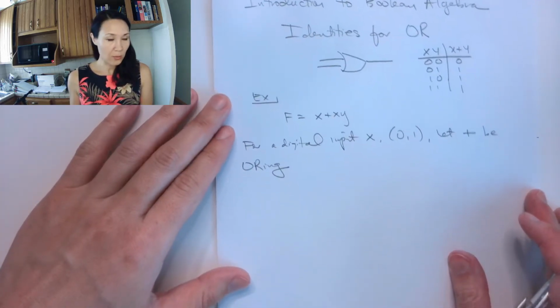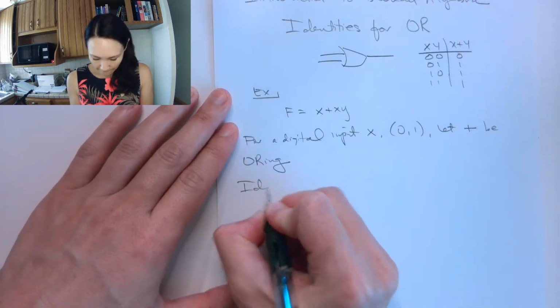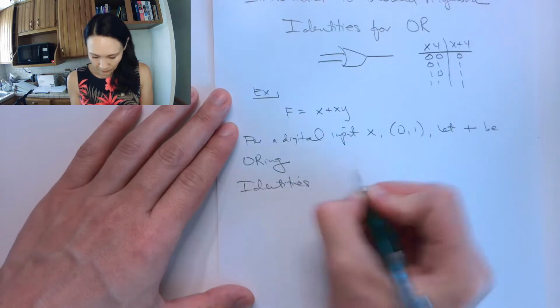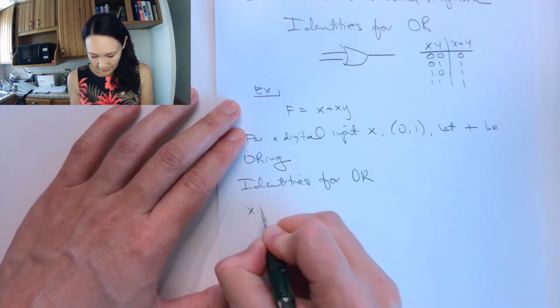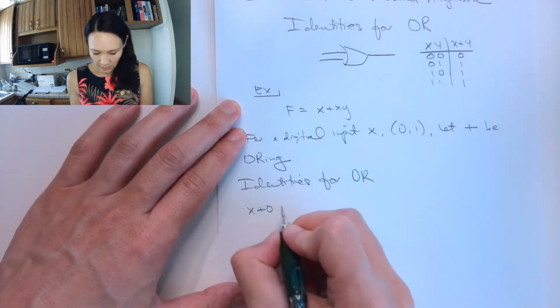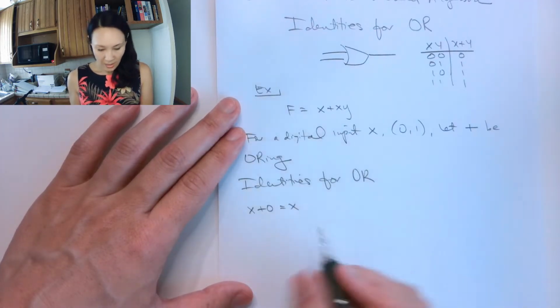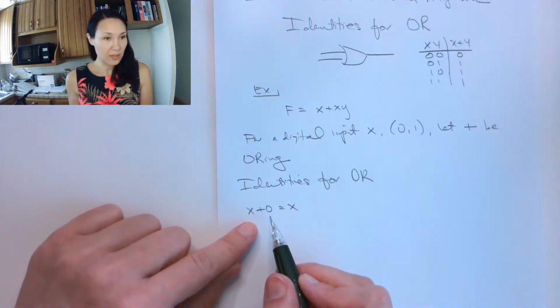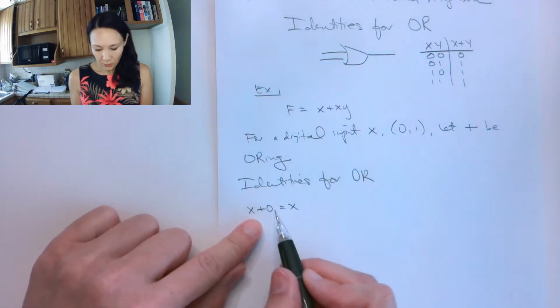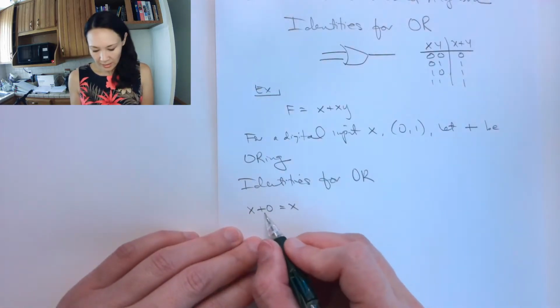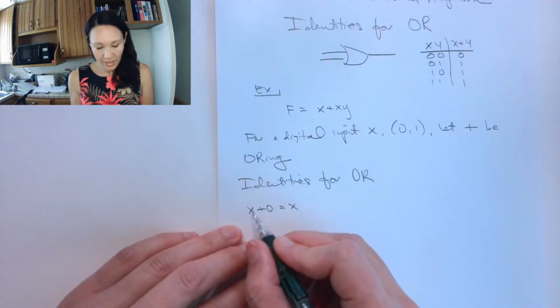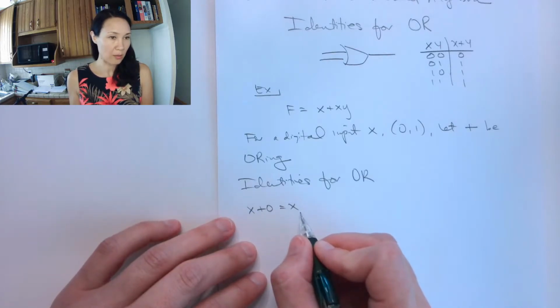We have the following identities. All right, so we have that x OR 0 is equal to x. Now, something interesting about this is this makes 0 the identity element for ORing, because we can OR 0 with anything and we'll just get the original element back.